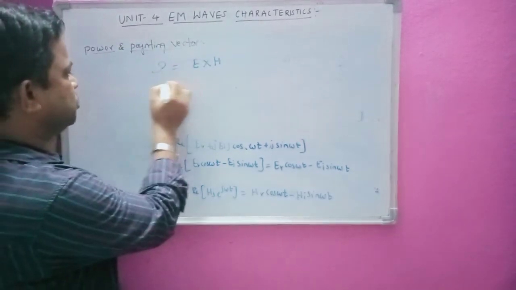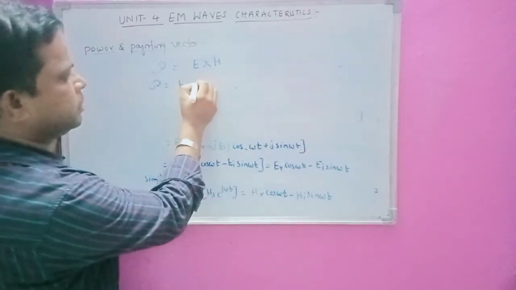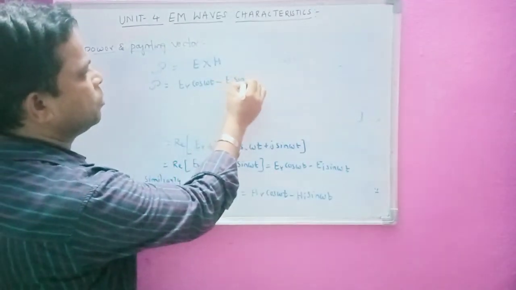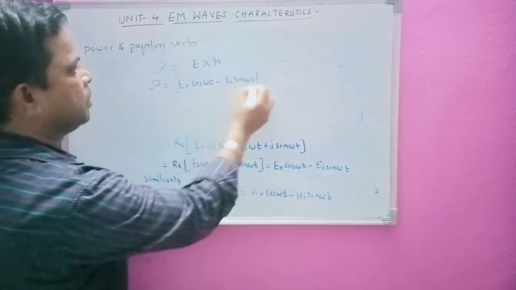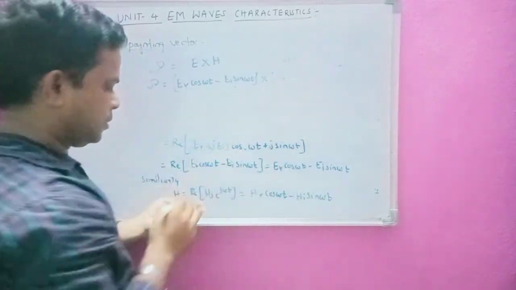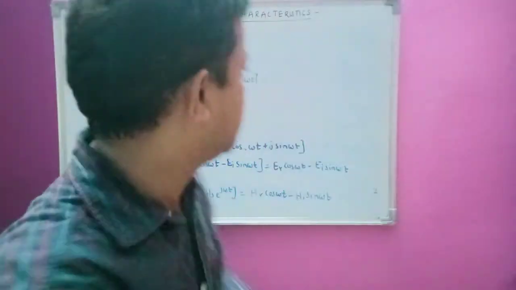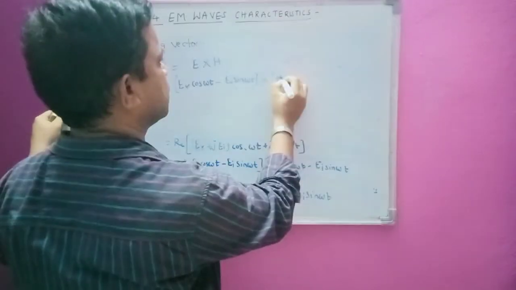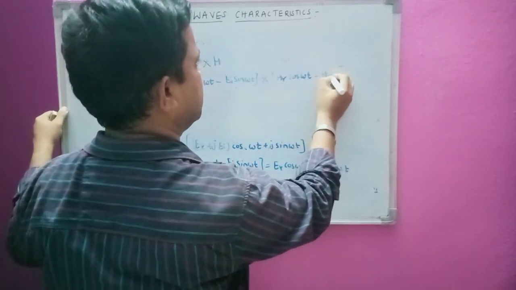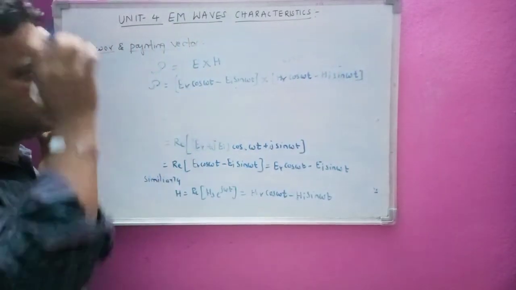P is equal to Er cos omega t minus Ei sin omega t, cross product of Hr cos omega t minus Hi sin omega t.